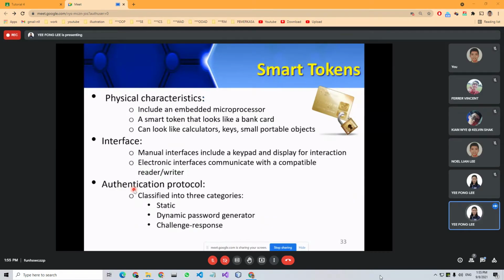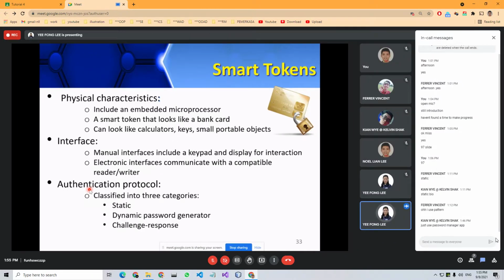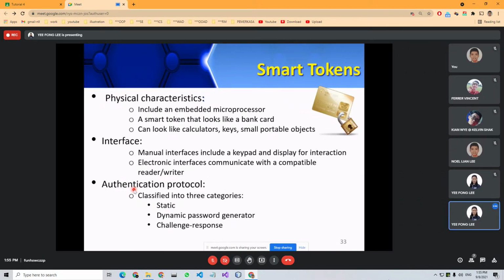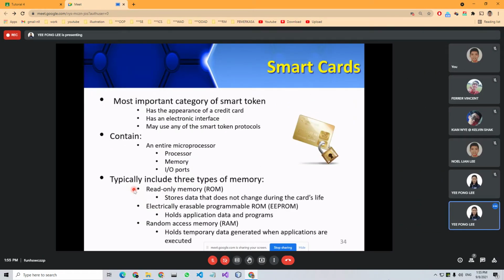This password is then entered into the computer system for authentication. For challenge response, the computer system generates a random string number for verification. Smart card.